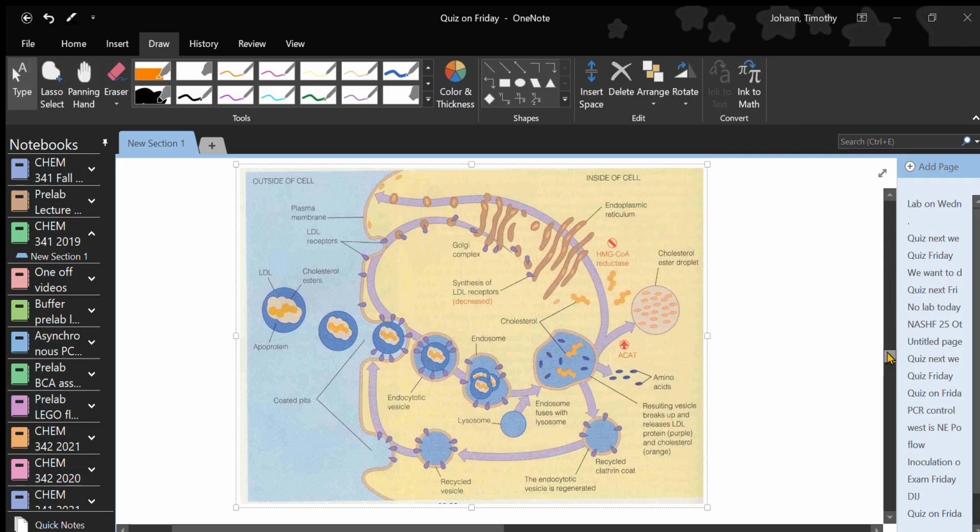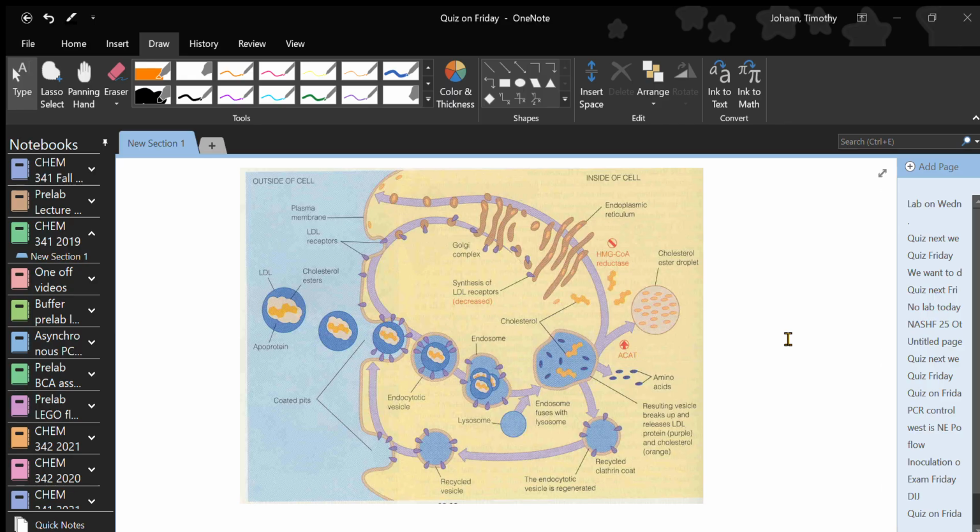You can imagine our LDL is going to come in and bind. You may have talked about this in biology, clathrin-coated pits. They bind the outside of the cell, you end up with a pit, it comes into an endosome, and then it's broken down into its parts. We break it down to get amino acids out of it, cholesterol, and any triglycerols that might be left will be pulled out as well.